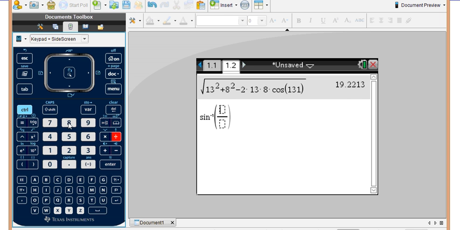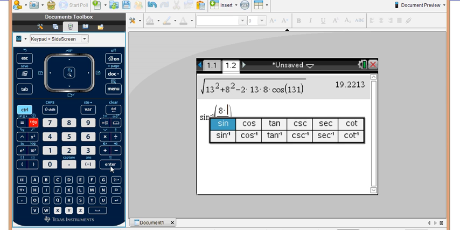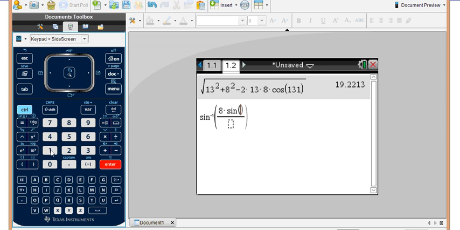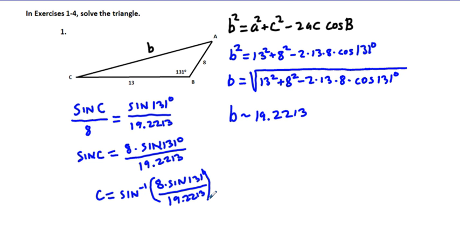So 8 times sine 131 degrees all over 19.2213, and there we have, looks like 18.3073 degrees.